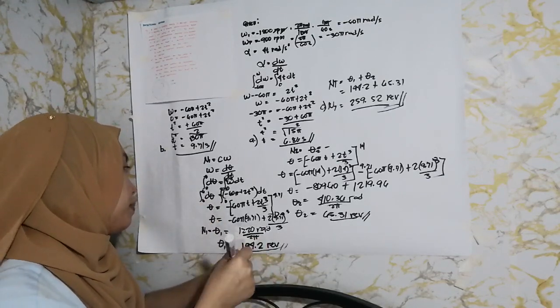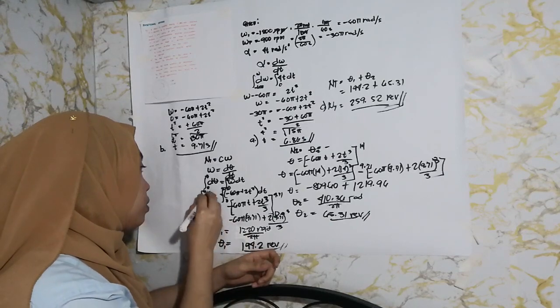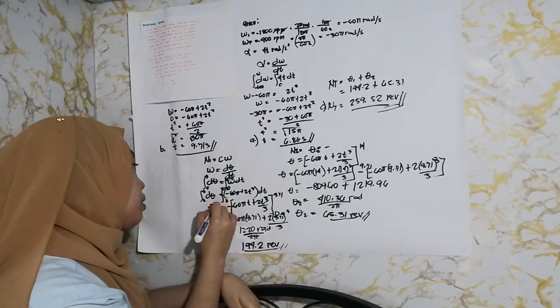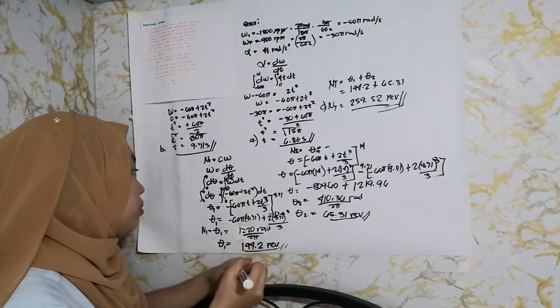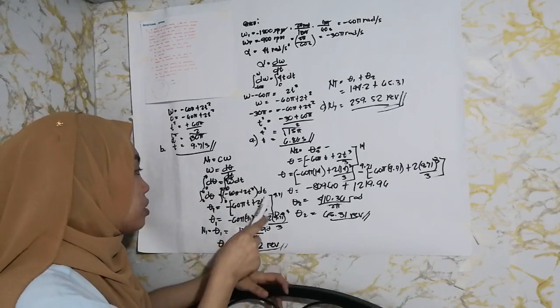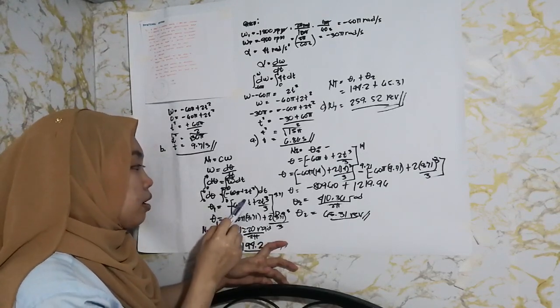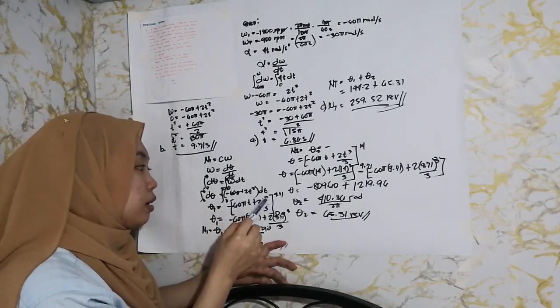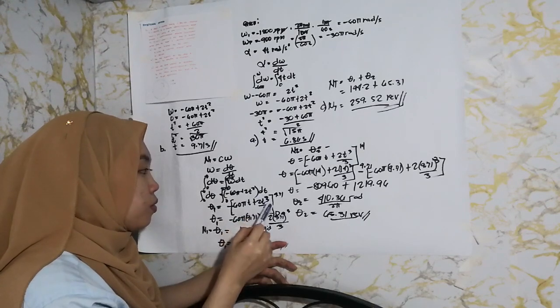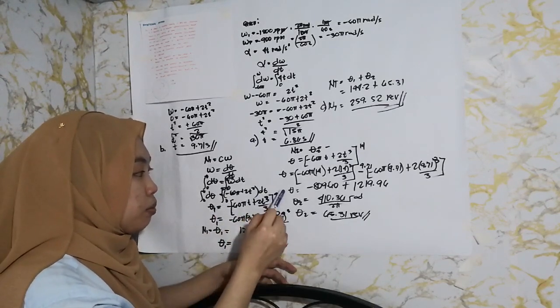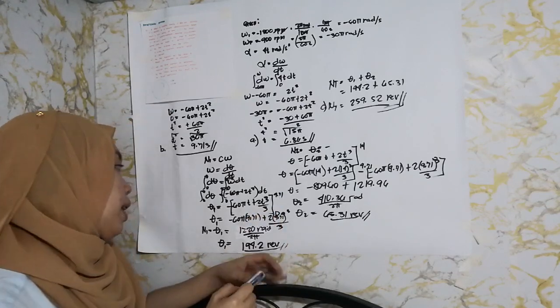When we integrate, theta 1 equals negative 60 pi t plus 2t cubed over 3, evaluated from 0 to 9.71.